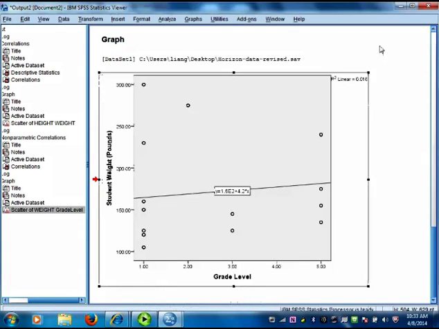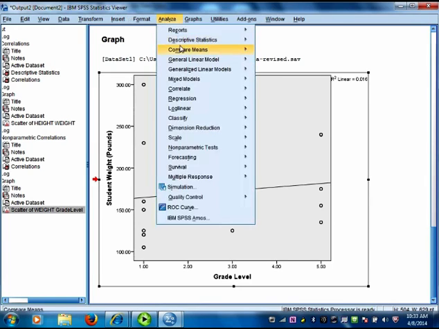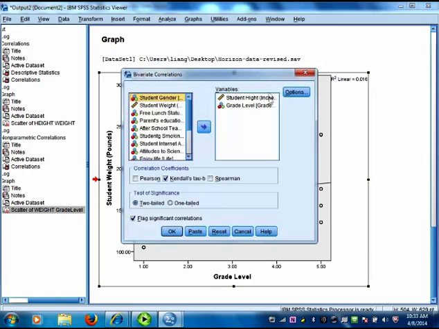And if you have two categorical ranking order variables, you can use the Spearman-Brown correlation coefficient. For example, you are interested in whether there is a significant correlation between free lunch, which is a ranking order, and parents' education, which is also categorical ranking order.